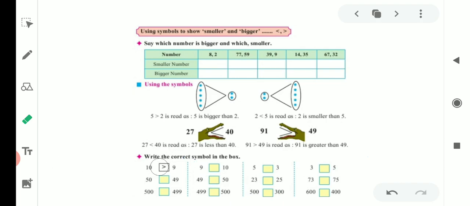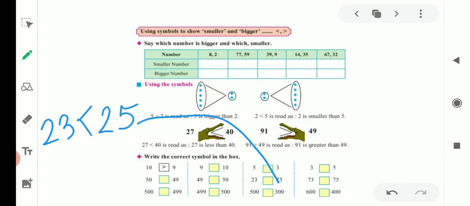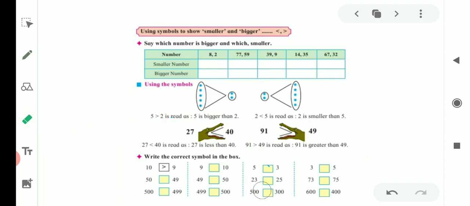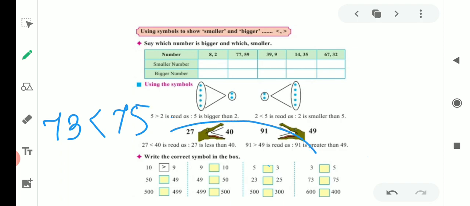Okay. Next, 23 and 25. So 23 is smaller than 25. Write it here in this box. Next is 73 and 75. So 73 is smaller than 75. Write it in this box.